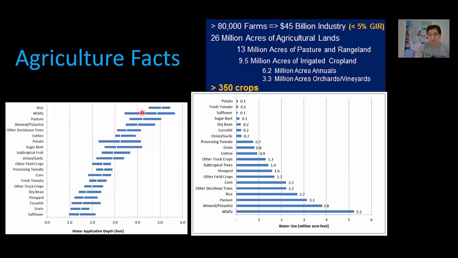Alfalfa, yes, alfalfa is from 3 to 4 acre-feet per acre, and that's water that is put in the ground and then evapotranspired. Alfalfa requires a lot of water. Pasture the same. Then we have the almonds, pistachios, deciduous trees, cotton, all the way to the tomatoes, truck crops, all the vegetables, and so on. So this is how much water is needed to grow crops.